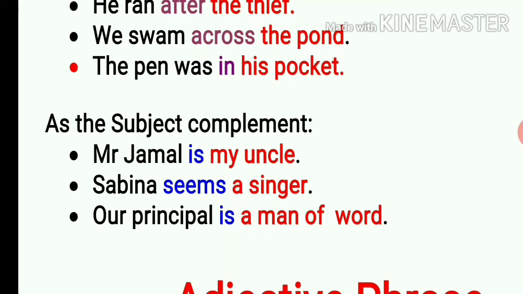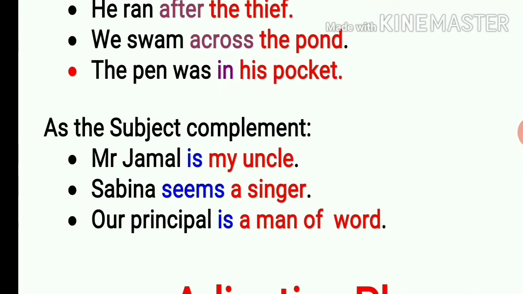Here, a singer is a noun phrase which is also a subject complement because it explains the subject Sabina, and between this subject and its subject complement there is a linking verb to link the subject with its complement.